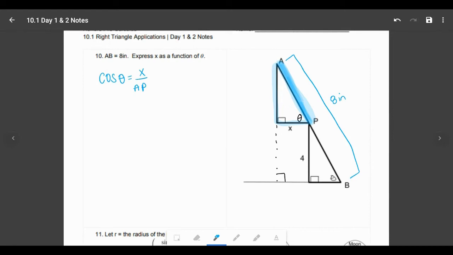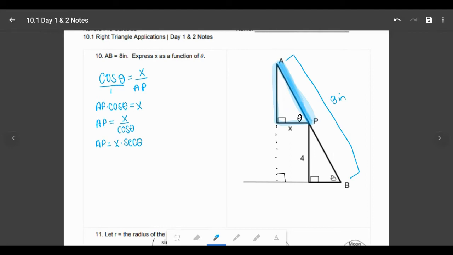And then I'm going to simplify this a little bit. So I'm going to put cosine over 1 and cross multiply. So I know that AP times cosine of theta should be x. And then if I divide by cosine, AP is x over cosine theta. And knowing my trig properties, I can rewrite this as AP is x times secant theta.